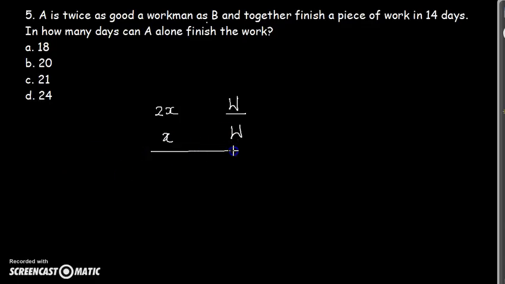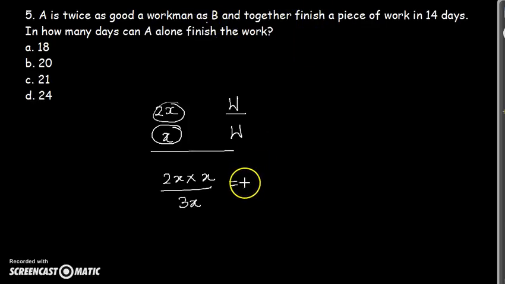And from here we can use the shortcut which we had learned in the question 1. Since two people are involved and one takes 2x days to finish a work alone and the other takes x days, we can use 2x multiplied by x divided by their sum, which is 3x. This is nothing but the number of days which is given in the question that A and B together take to finish a work.